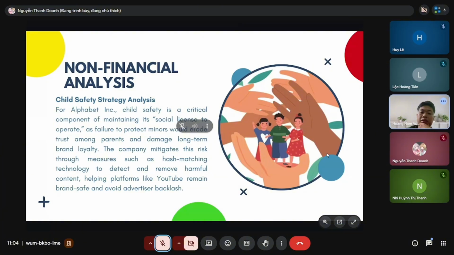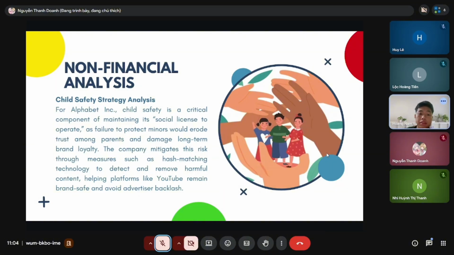Good morning, everyone. Now we are diving into the non-financial pillars that sustain Alphabet's market dominance. We'll start with a factor that is often overlooked but business critical, which is child safety.